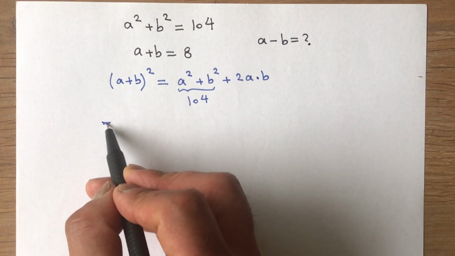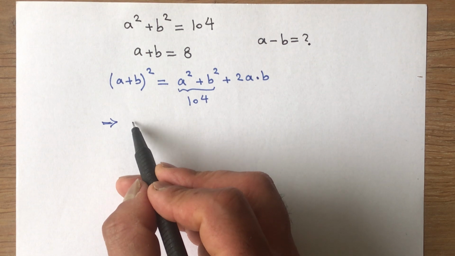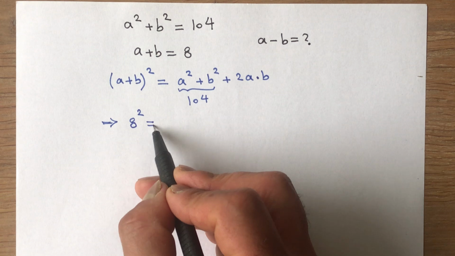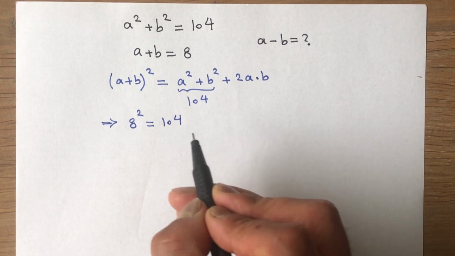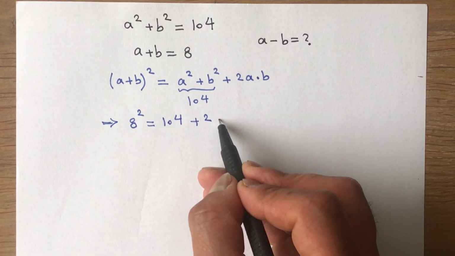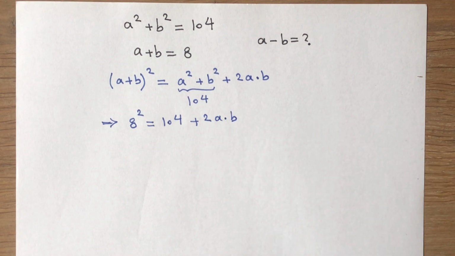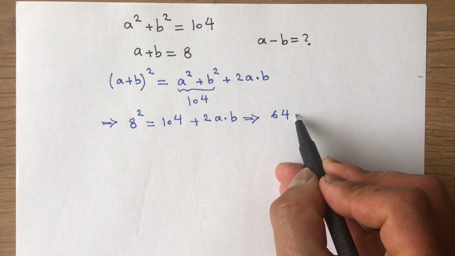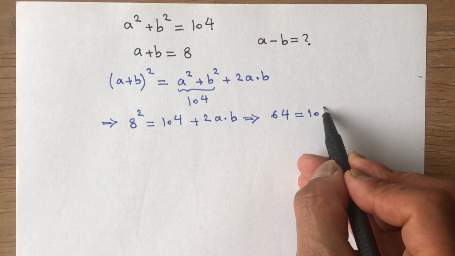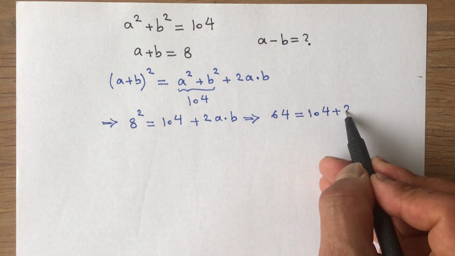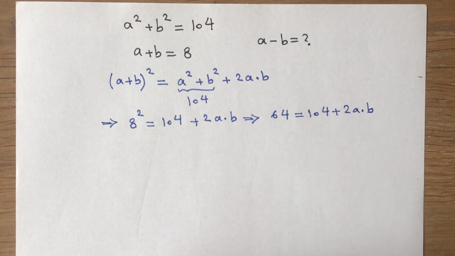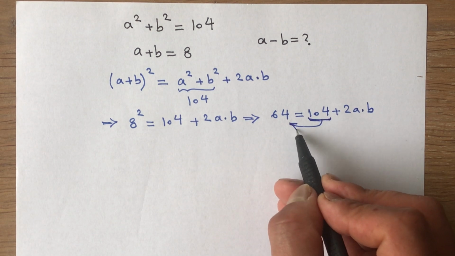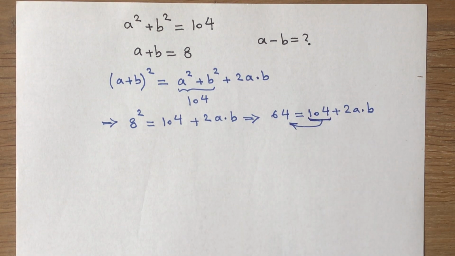So it will be 8 squared equals 104 plus 2 times a b, and that is 64 equals 104 plus 2a times b. If I take this number to the other side, I have to flip the sign.